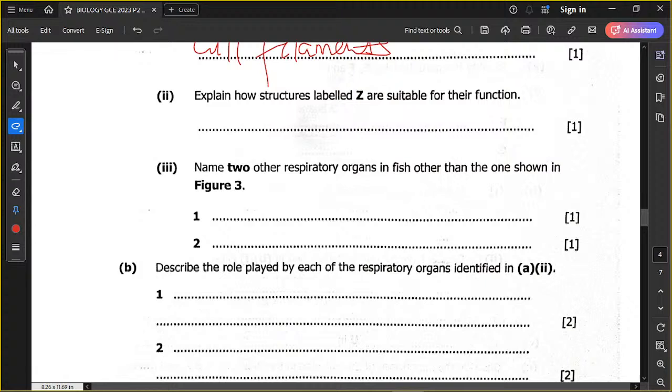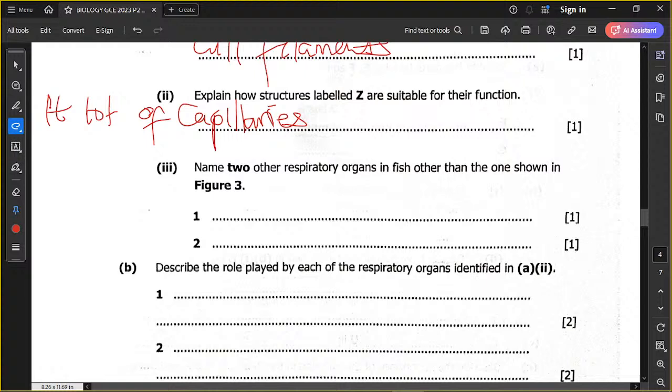As an end result, it also increases the surface area. The surface area for what? To absorb oxygen, to allow oxygen to diffuse into the fish.